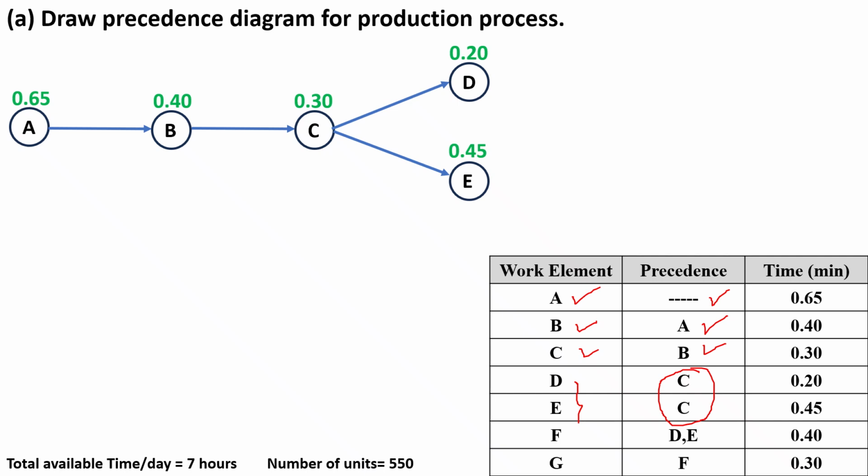Next we go for the element F. Work element F will start after the completion of D and E. So after completion of D and E, we draw the element F like this, and its processing time is 0.4 minutes.